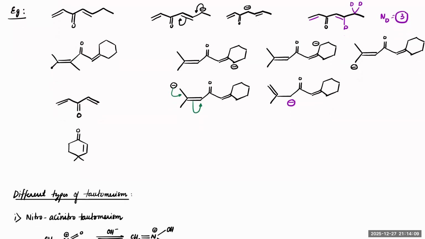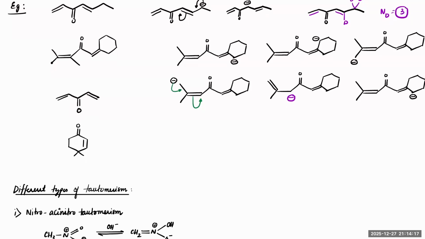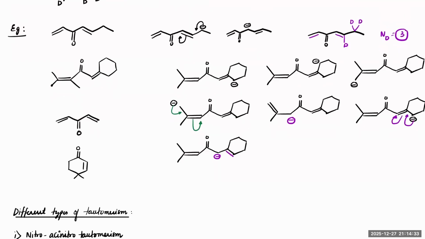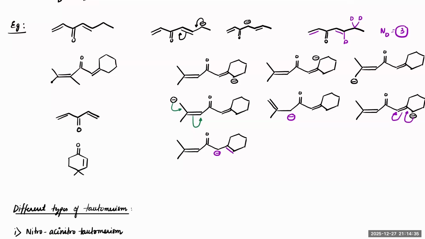Likewise, on the right hand side also we can do the same thing. Minus charge is here. So now I can use resonance, push here, the pi bond can be pushed here, and from there we get movement of the electron. So we will get double bond here and minus here, correct? So many resonating structures we can get.